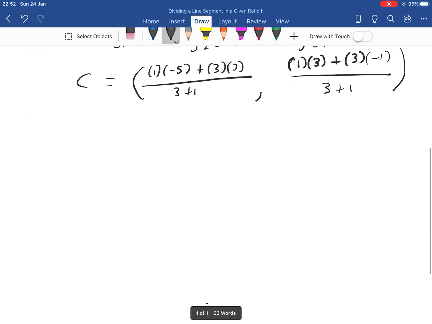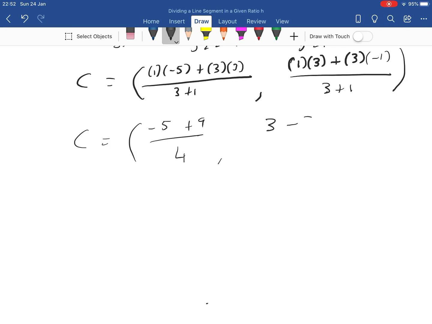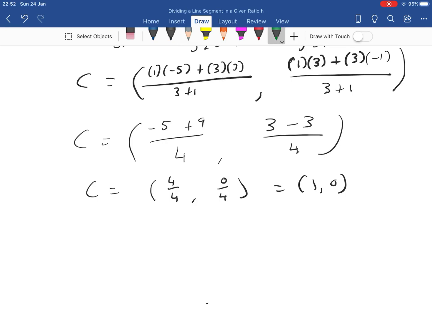Close bracket. So we get C is equal to (-5 + 9)/4, and (3 - 3)/4. So we get 4 over 4, and 0 over 4, which is going to be 1, 0. So the answer is (1, 0). That's straightforward, just fill into the formula.